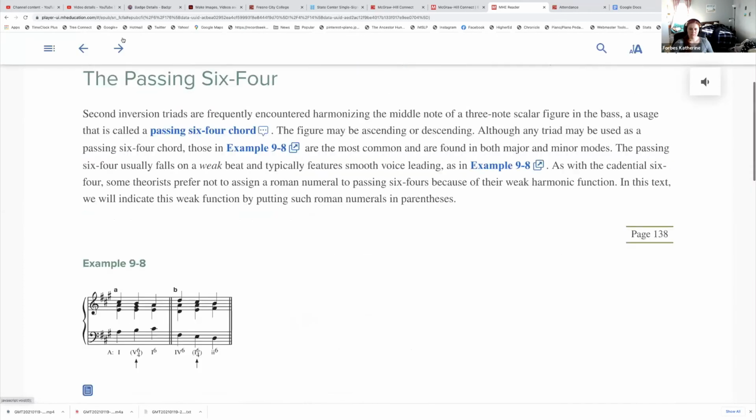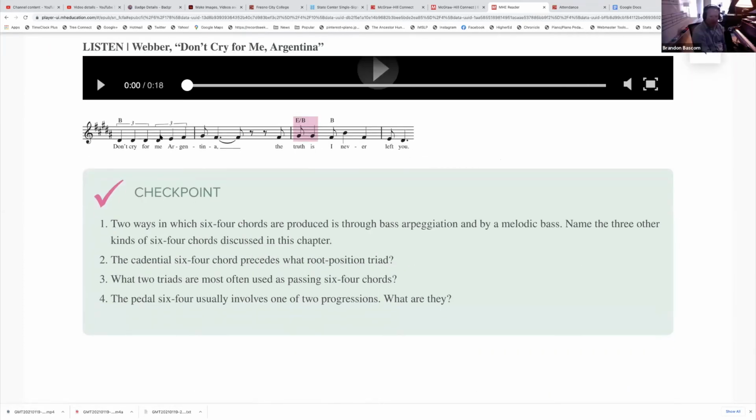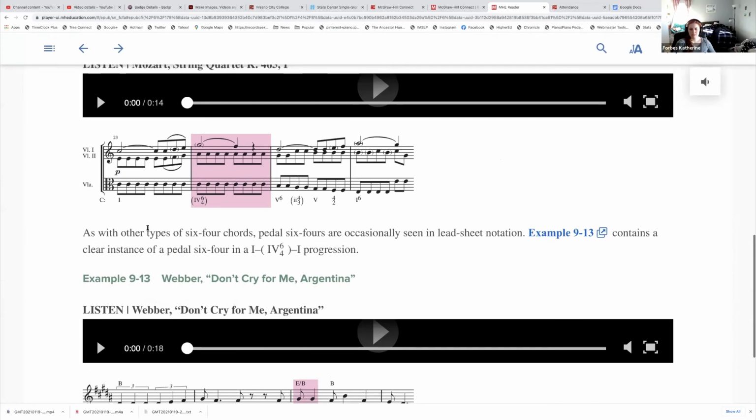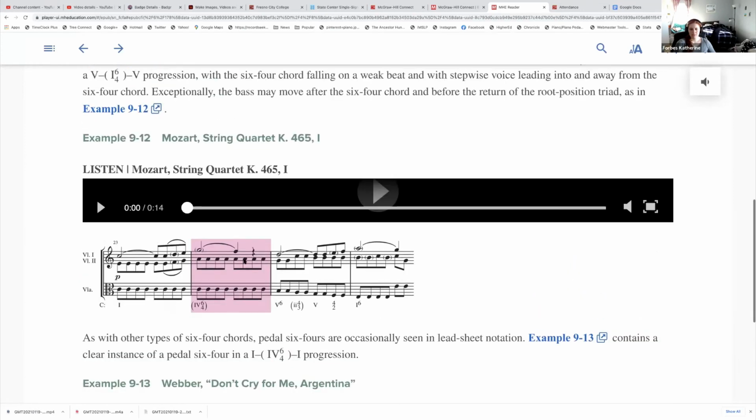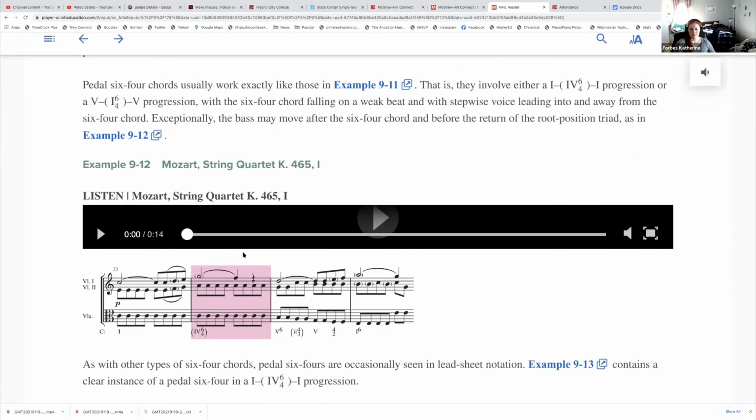Good. And our last checkpoint question. The pedal 6/4 usually involves one of two progressions. What are they? 1-4-6/4-1 and 5-1-6/4-5. Is this true?